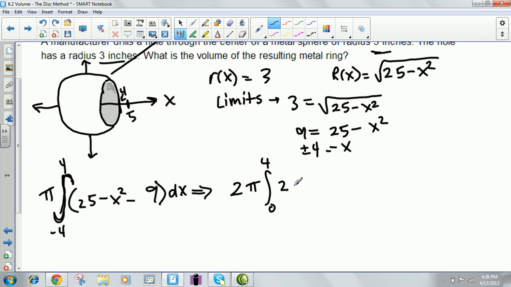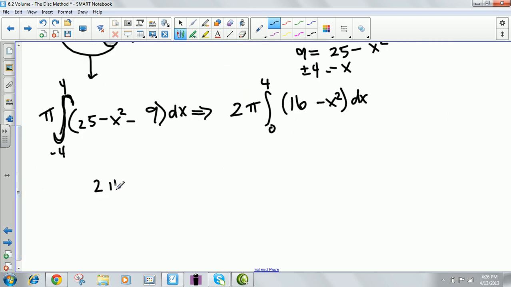So then you would have 25, whoops, not 25, 16. So then you would have 16 minus x squared dx. And when you integrate that, you'd have 2 pi times 16x minus x to the third over 3, and that's from 0 to 4.